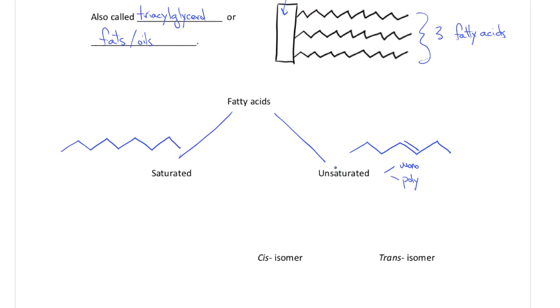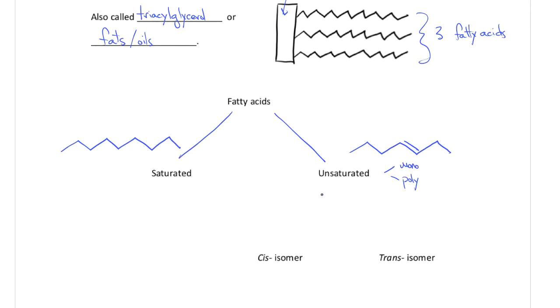In contrast, unsaturated fatty acids, which have this carbon double bond, tend to have kinks in them, as we'll see in a moment, and that prevents them from packing closely. Therefore, they're less dense and they tend to be liquid or oils at room temperature. So unsaturated fatty acids in triglycerides give us oils, whereas saturated give us fats that are solid at room temperature.